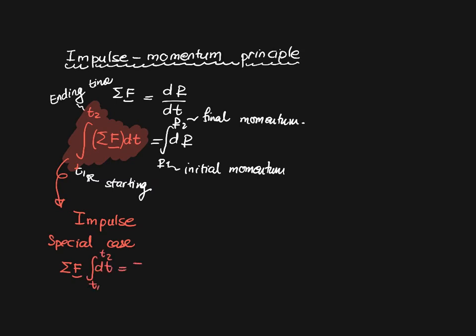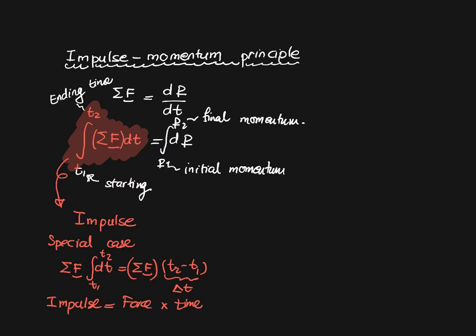So you would get sigma F, the net force, times t2 minus t1. So this is delta t. That's why sometimes you see people writing impulse equal to force times time.